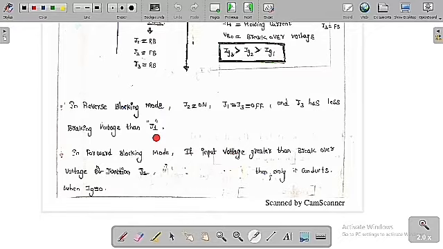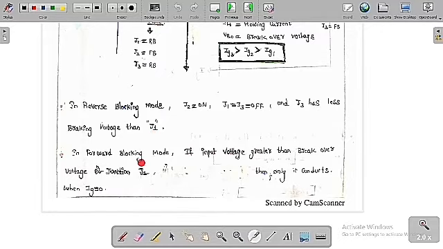Whereas J1, the size is very high, the junction depletion width is very high. Therefore, it needs a huge amount of breakdown voltage. So in reverse blocking mode, junction J2 is on and J1, J3 are off. J3 has less breakdown voltage when compared to J1 because J1 has high depletion width when compared to J3.